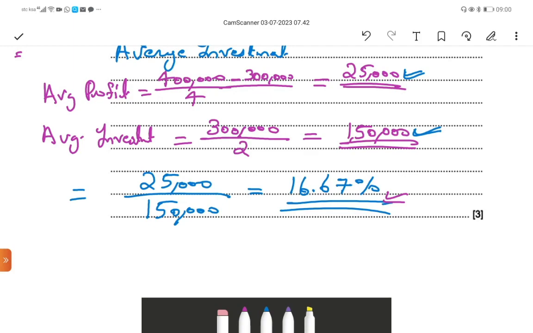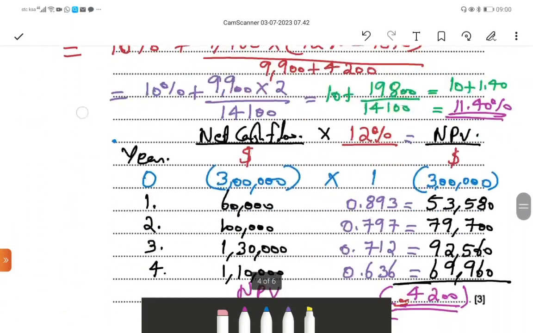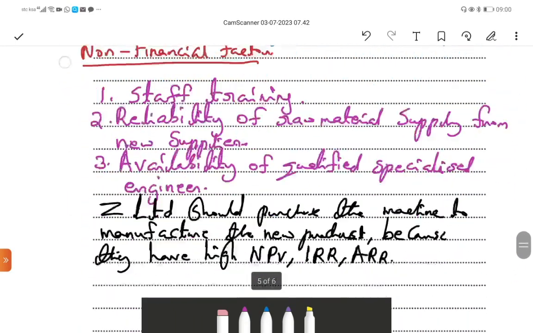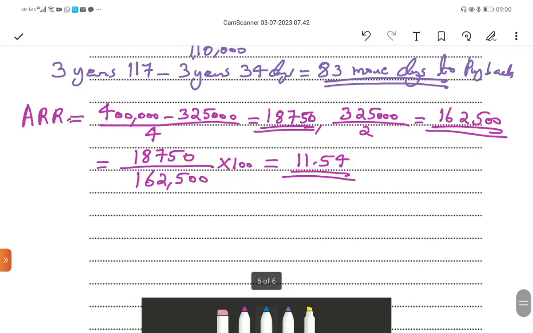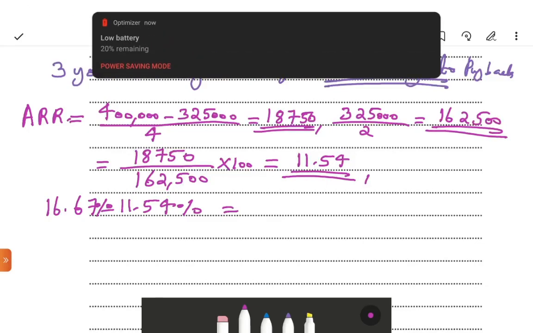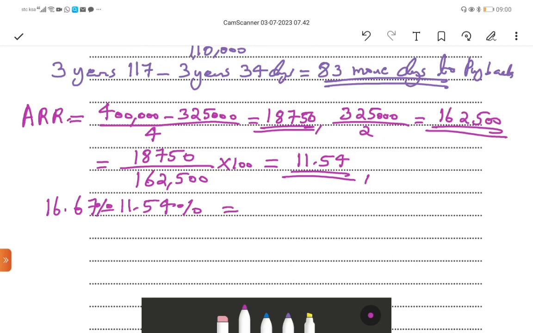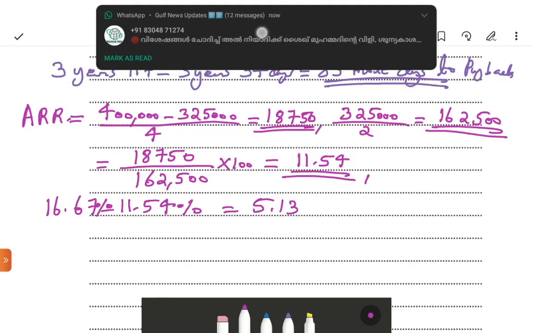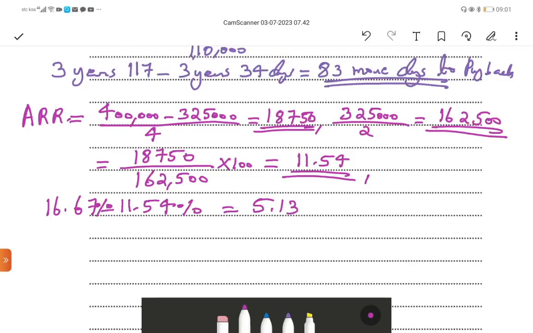So now it is 11.54. 16.67 minus 11.54 percentage is 5.13. So 5.13 has declined.